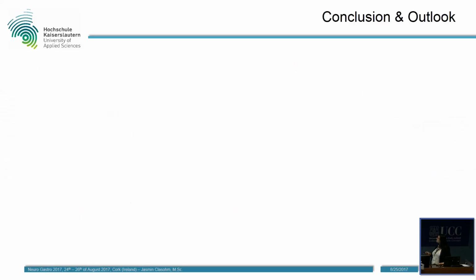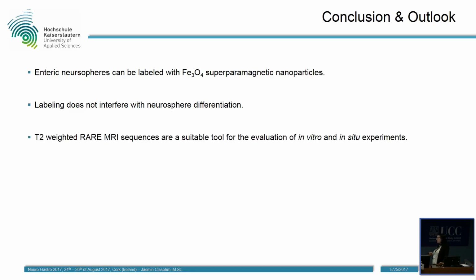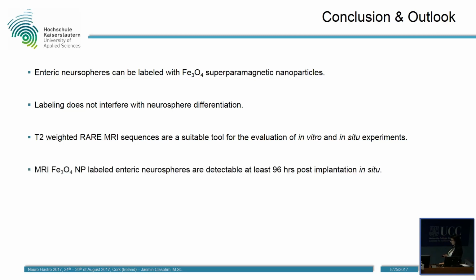Yeah, and this brings me to the last slide, the conclusion and the outlook. We can conclude that our enteric neurospheres can be labeled with our superparamagnetic iron oxide nanoparticles. The labeling does not interfere with the neurosphere differentiation. The T2 weighted RARE MRI sequences are a suitable tool for the evaluation of in vitro and in situ experiments.